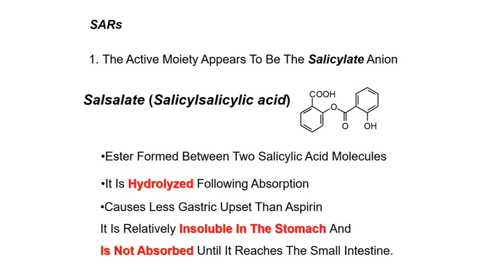It is an ester of salicylic acid. Of course, this ester is readily hydrolyzed after absorption, causing less gastric upset than aspirin and being relatively insoluble in the stomach. It is mainly absorbed in the small intestine.